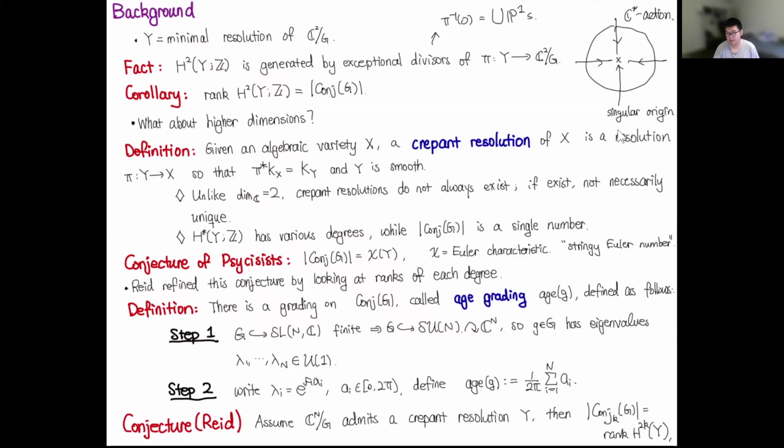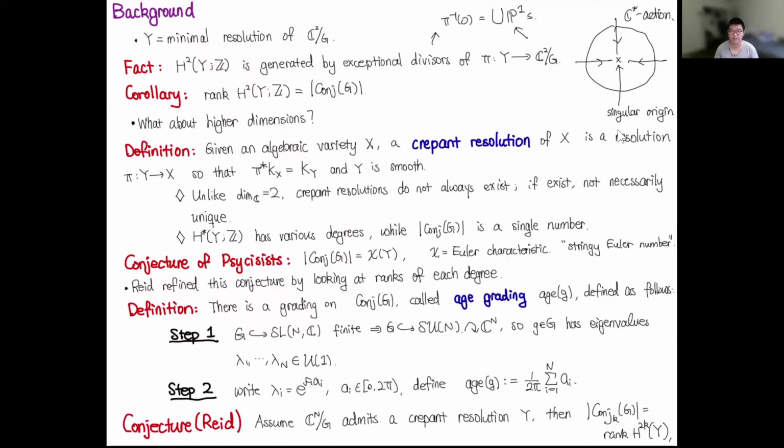You have a rotation around the origin, and you have a dilation in the radial direction, which will contract everything to the origin, so that the total topology of the resolution Y is equivalent to the topology of the central fiber, which is the essential divisors. So the cohomology of this is pretty clear because we know the cohomology of P1s.